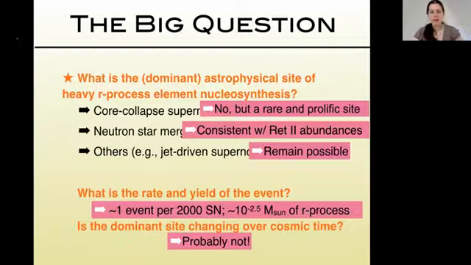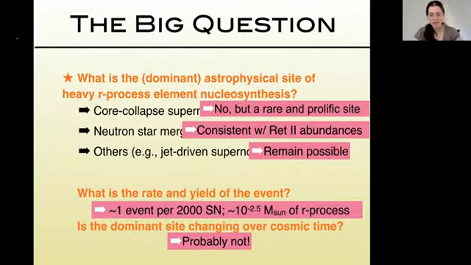One is coming out with David Young as a first author soon, so watch out for that. In terms of the rate and the yield, well, 1 per few thousand, and I'm listing a total R-process yield there of 10 to the minus 2.5 solar masses, and the dominant site is probably not changing over time.